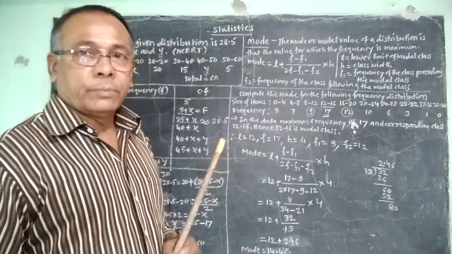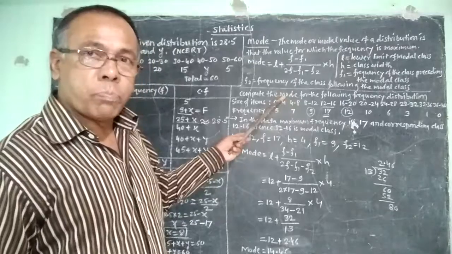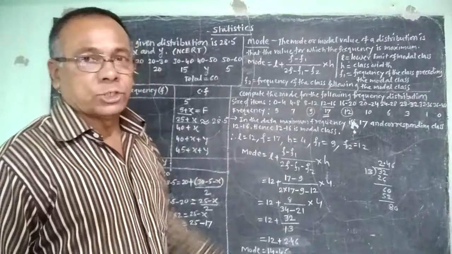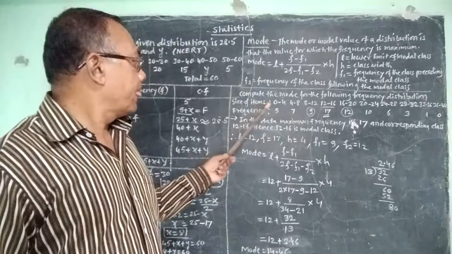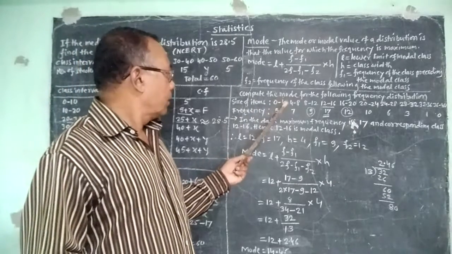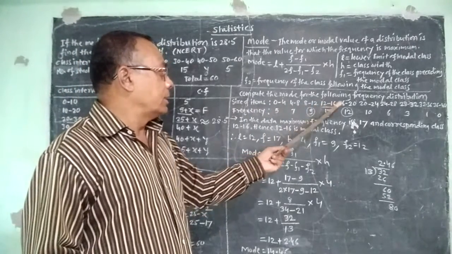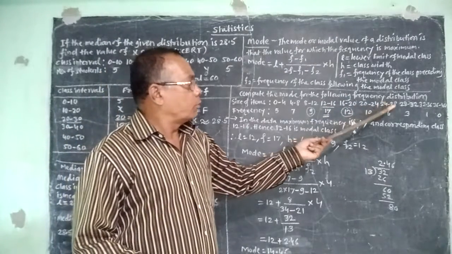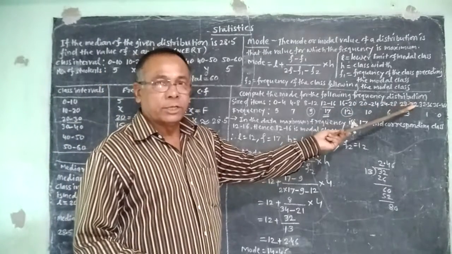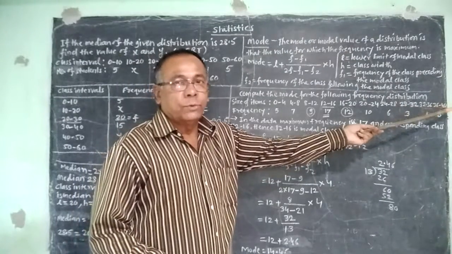So we will see one example: compute the mode for the following frequency distribution. Here the size of the items is 0 to 4, 4 to 8, 8 to 12, 12 to 16, 16 to 20, 20 to 24, 24 to 28, 28 to 32, then 32 to 36, and 36 to 40.